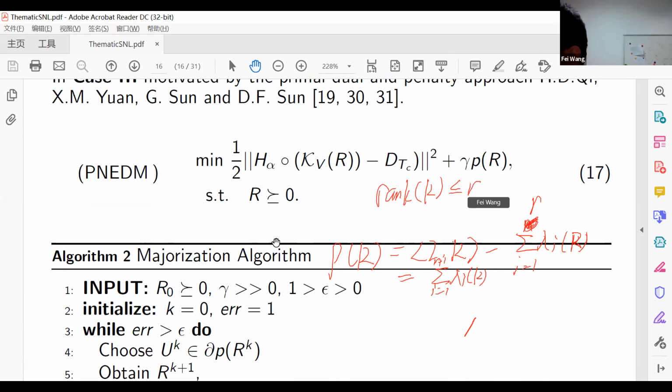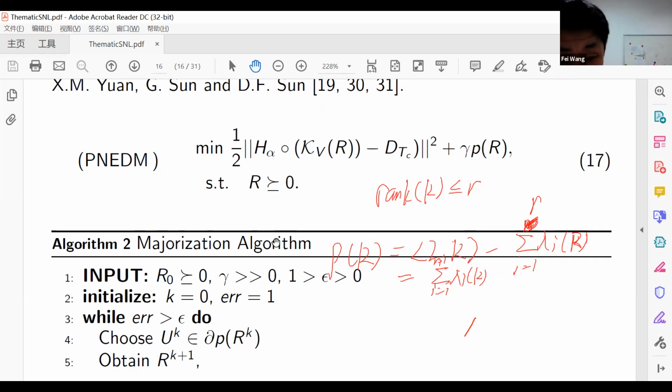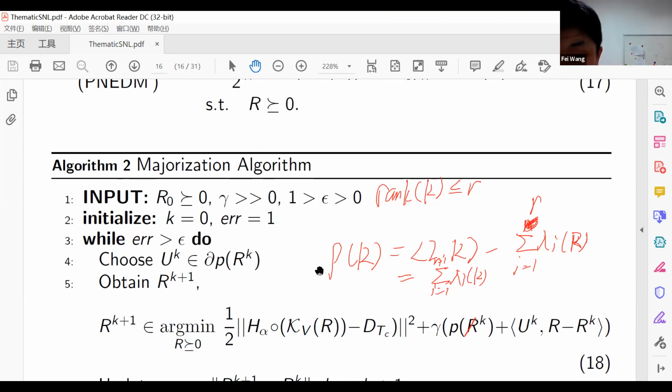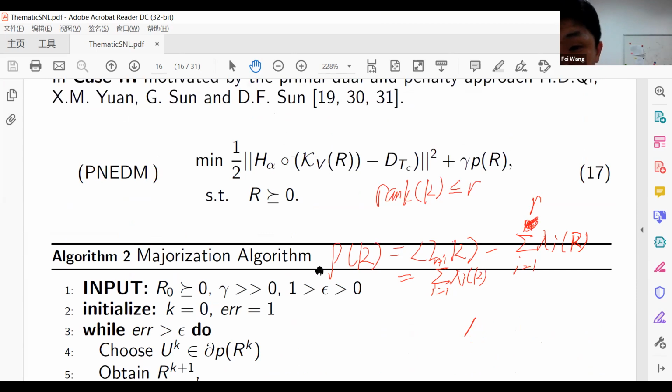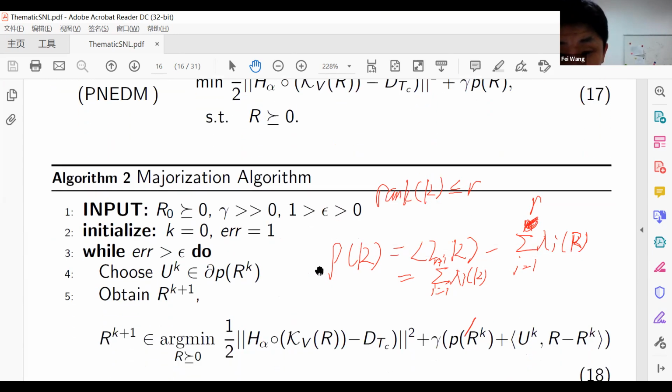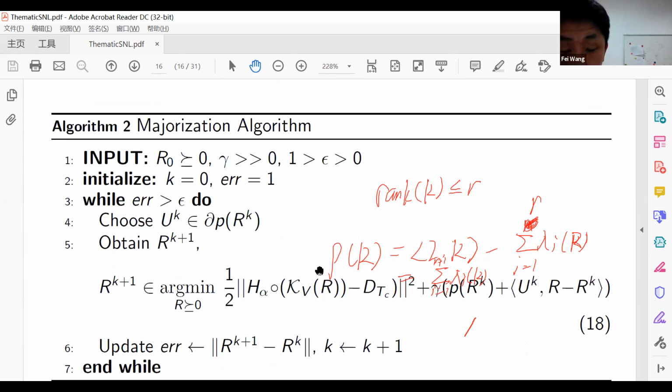We penalize the residual eigenvalues, the r plus 1 eigenvalues, to make them 0. Because PR is a concave function, we can linearize it and solve a sequence of convex problems.